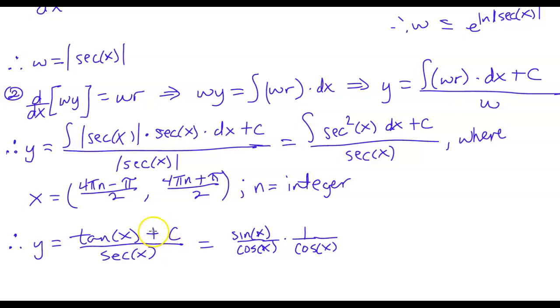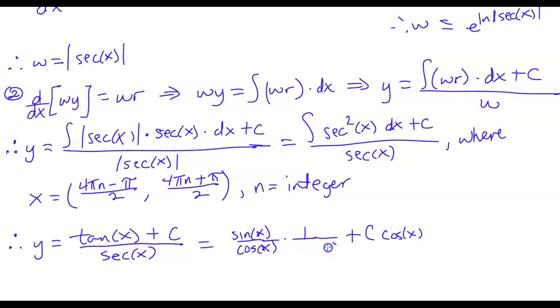And of course, we got c over secant. And the reciprocal of secant is cosine. Oh yeah, this should be 1 over secant, not 1 over cosine here.